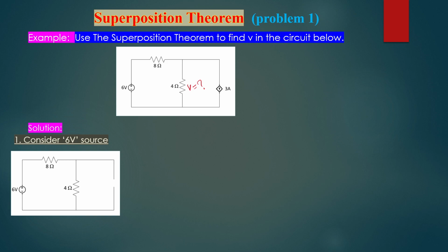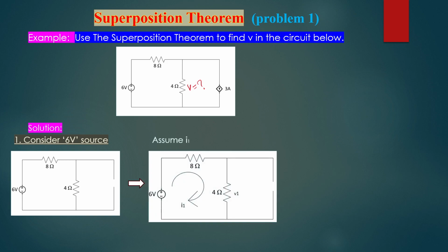Since it's a current source, we'll open circuit it. We'll assume current I1 through this loop, because the other part is open circuit, so current will not flow through the right side part.